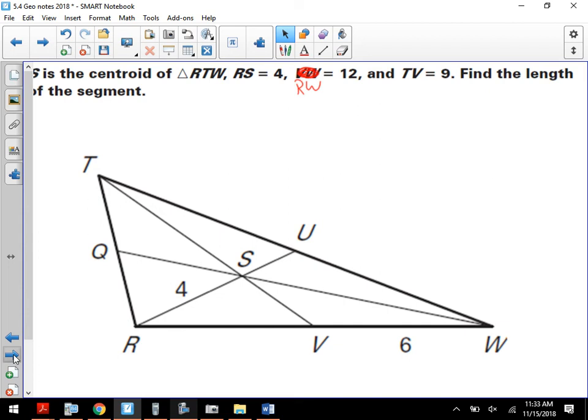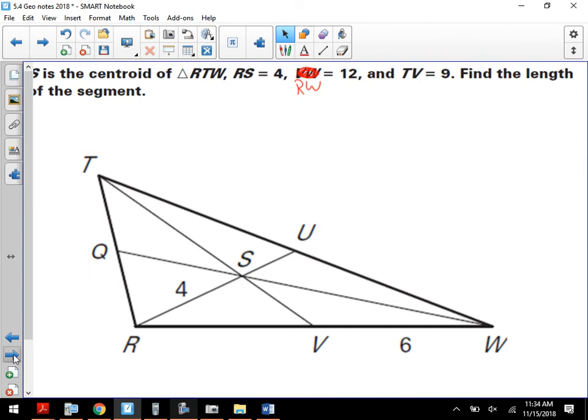So if the whole thing is 9, what's the easier one to find? The centroid to side or vertex to centroid? True, but which one is easier mentally? Correct. Centroid to side. When you're given the whole thing, it's always easier to find the centroid to side first because you're taking 1/3 of something. A third of something is the exact same thing as divided by 3.